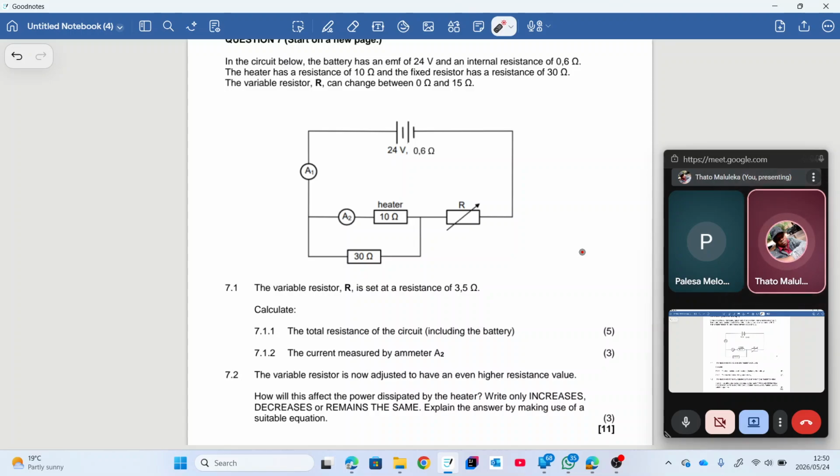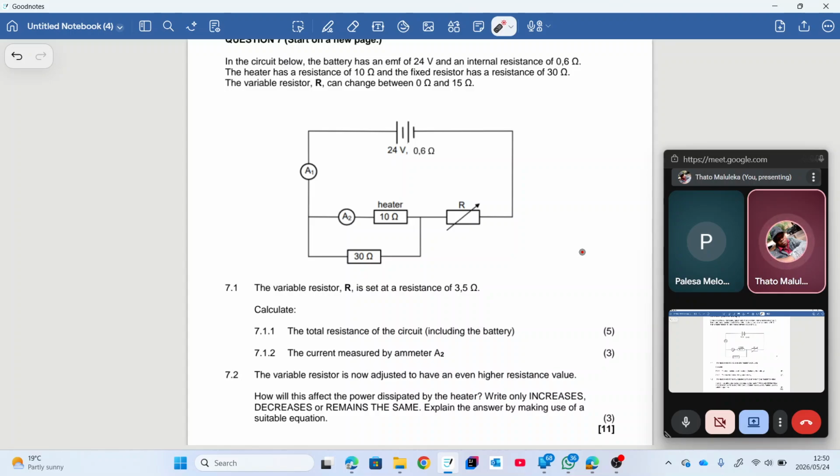Let's see now. In the circuit below, the battery has an EMF of 12 volts and an internal resistance of 0.6 ohms. The heater has a resistance of 10 ohm and the fixed resistor has a resistance of 30 ohm.